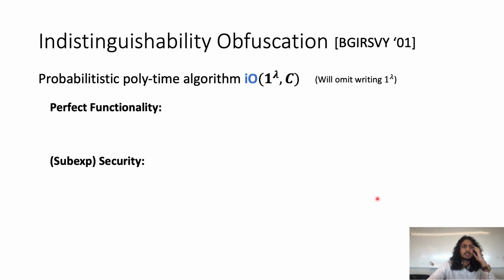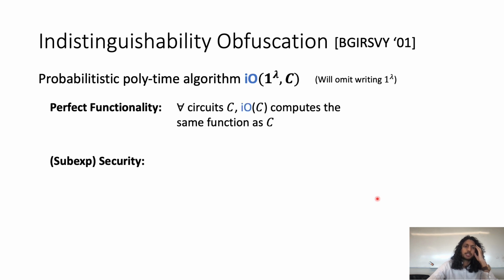I'll tell you what that means next. Perfect functionality means that for all circuits C, I/O of C will output some circuit that computes the same function as C. It'll be important later for our results that this is really perfect. It's every single time, not just with high probability, that I/O of C will output a circuit computing the same function.